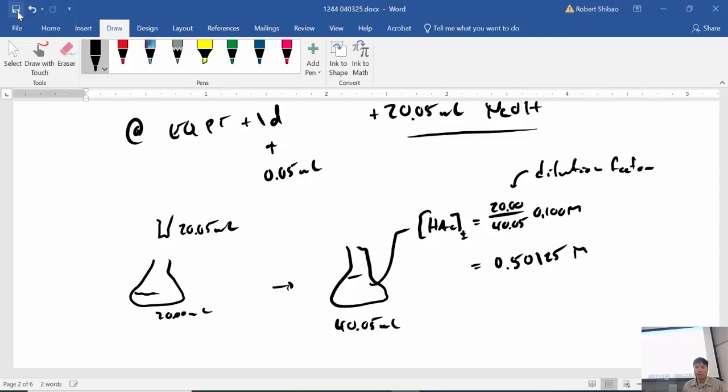And then the sodium hydroxide is a 20.05 to 40.05 dilution of 0.100 molar. That gives me a concentration of 0.500.